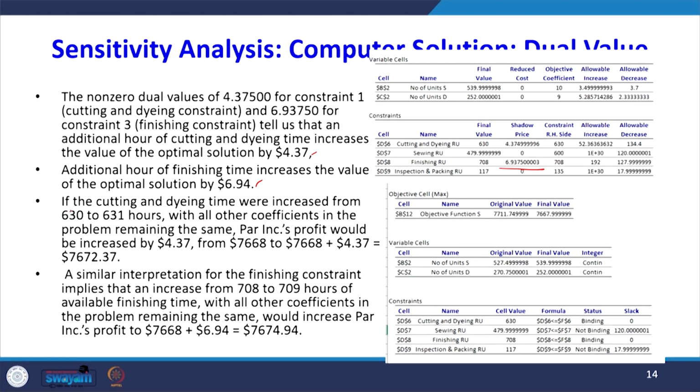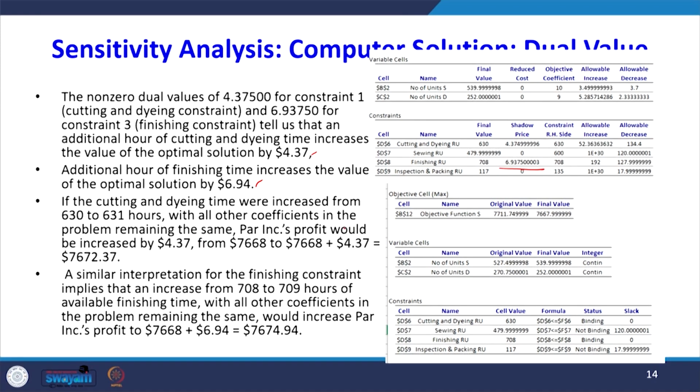That is, if the cutting and dyeing time were increased from 630 to 631 hours with all other coefficients in the problem remaining the same, that is an assumption. We are making one change at a time.